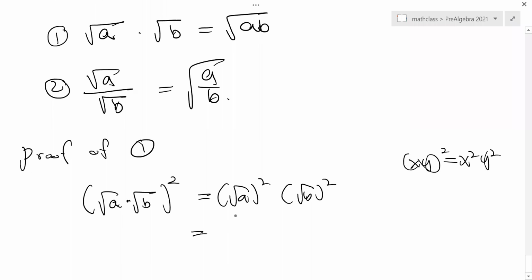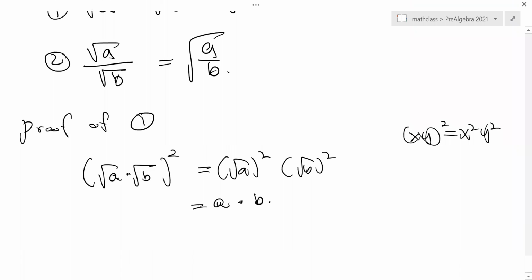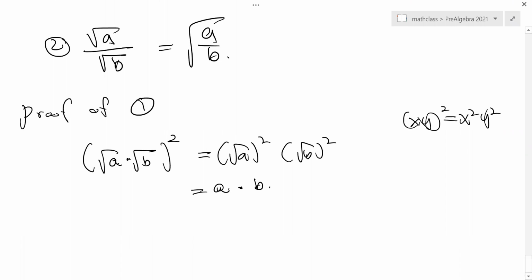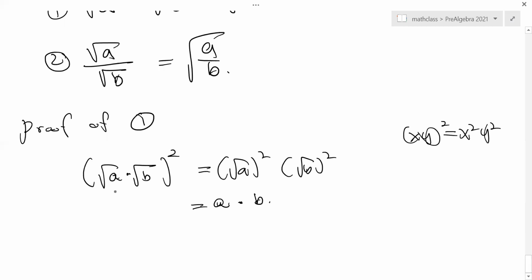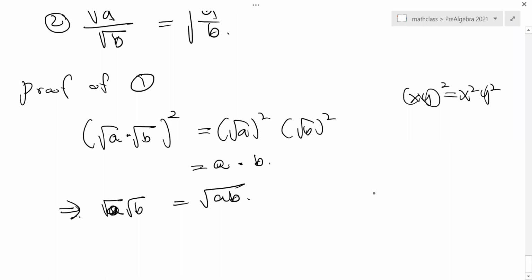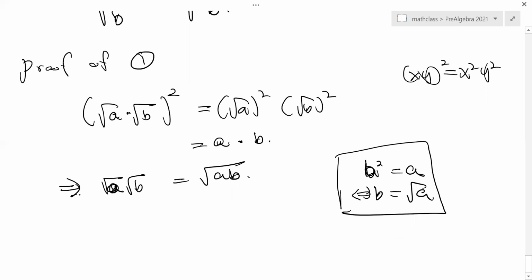But then by the definition of the square root, this is A, this is B. So that means simply A times B. So some number squared equals A times B, and that number is denoted by the square root of A times B. Remember, if B squared equals A, then B is the square root of A. Those two are equivalent, right? So then you have this.